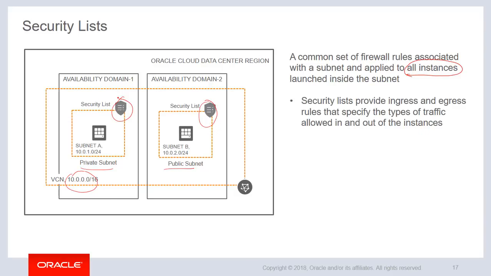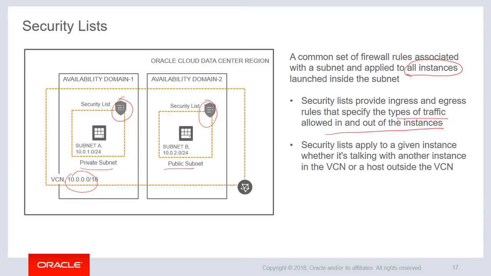The job of a security list is to provide ingress, meaning incoming, and egress, meaning outgoing, rules that specify the types of traffic allowed in and out of the instances. Now keep in mind that security lists apply to a given instance, whether it's talking with another instance in the VCN or a host outside the VCN.